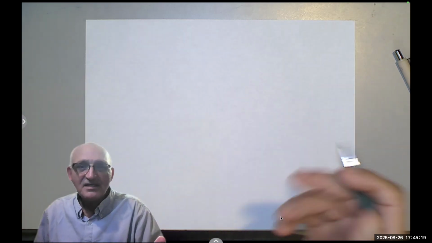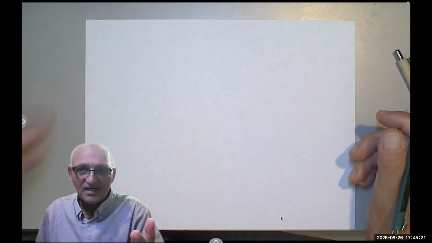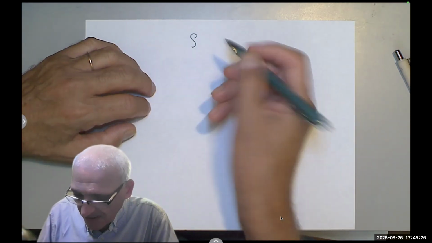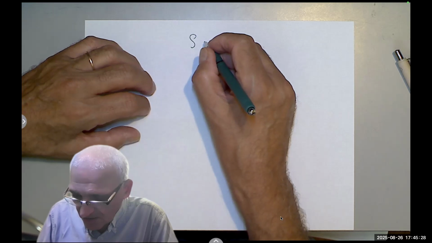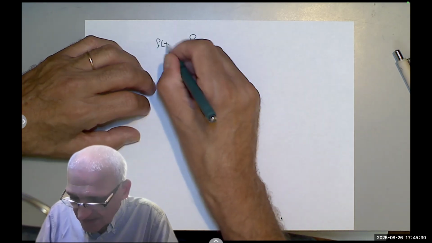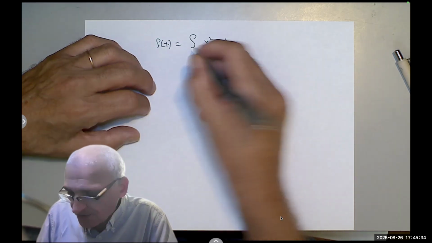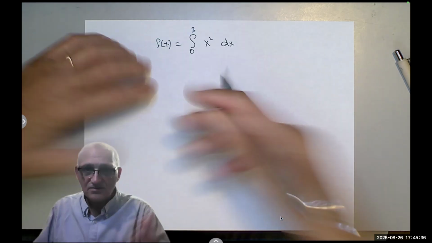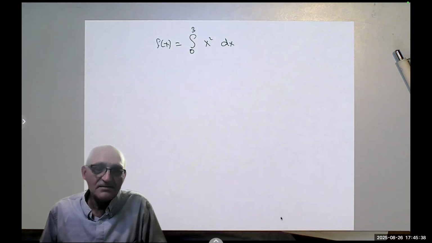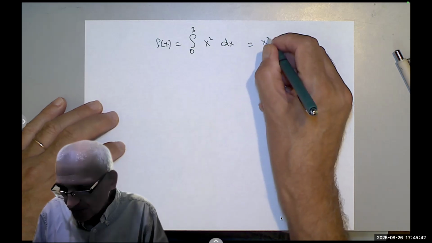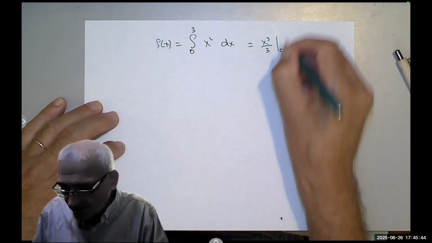So what I am going to do today is to give you a very simple integration. Let's pick an easy function to integrate, something like a power of x. Let's say I'm going to integrate the function f of x is x squared, between 0 and 3. Just any numbers, it really doesn't matter. We all know that the answer is x cubed over 3, evaluated from 0 to 3.